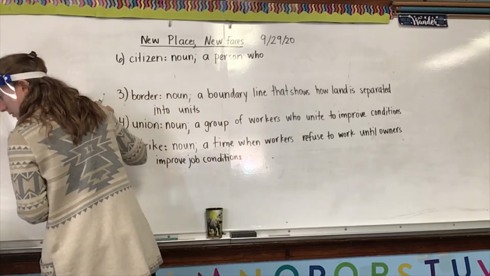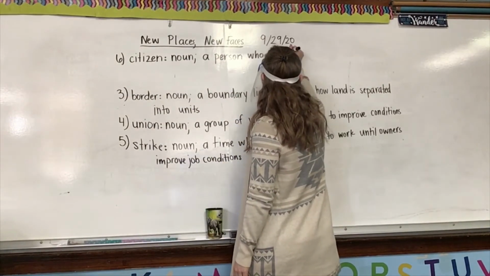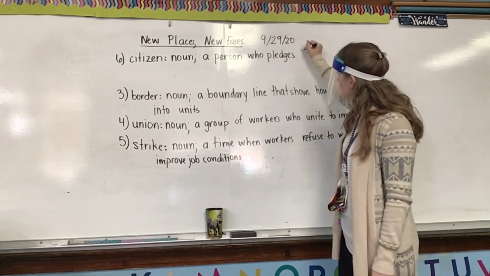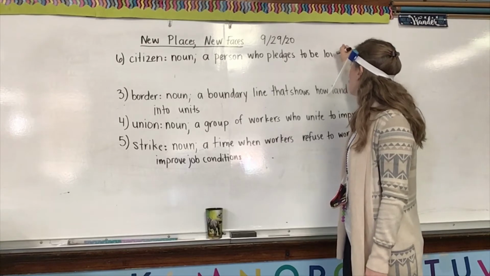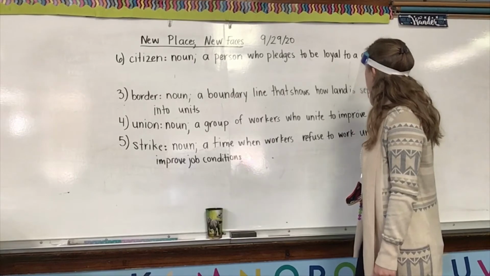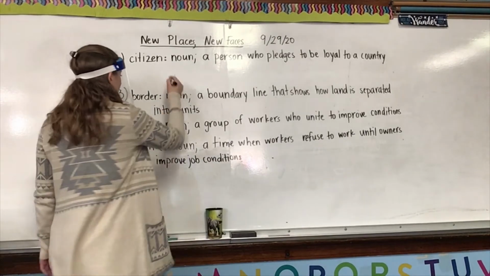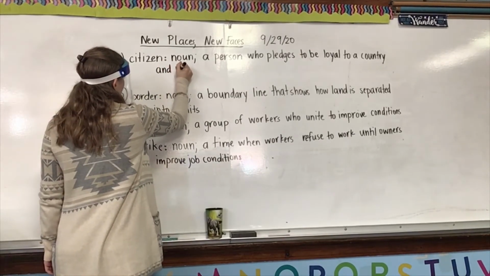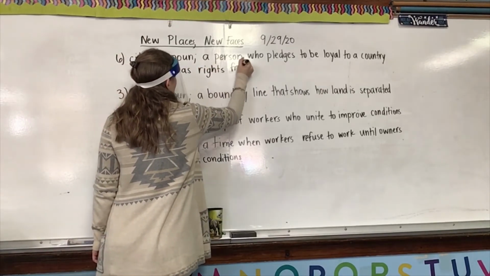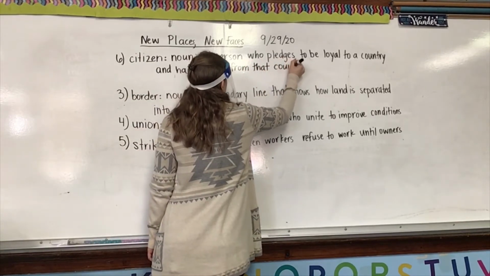who pledges, make sure you spell pledges right, there is a D in that word, who pledges to be loyal to a country. So a person who pledges to be loyal to a country and has rights from that country.